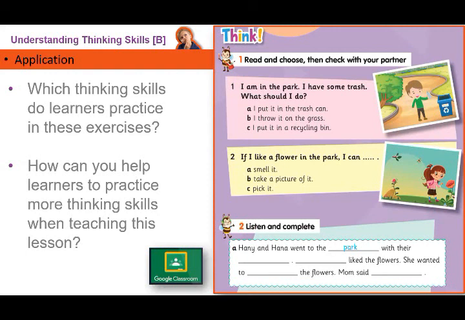Here he wants you to tell us which thinking skills do learners practice in these exercises. How can you help learners to practice more thinking skills when teaching this lesson? So these are the two questions about this paper.